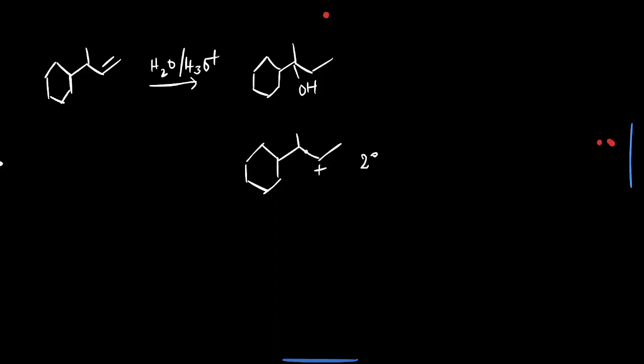And whenever we're doing a reaction like this, or any other reaction when we're forming a carbocation, it's important to be aware of the carbons that are near it. Well, this carbon is primary, but this one is tertiary. So if we were able to form a tertiary carbocation as opposed to the secondary one that we do form, that would be a lot more favorable, a lot more stable.